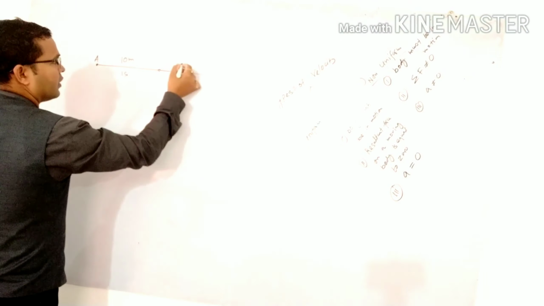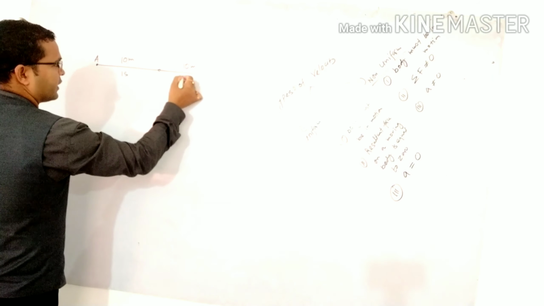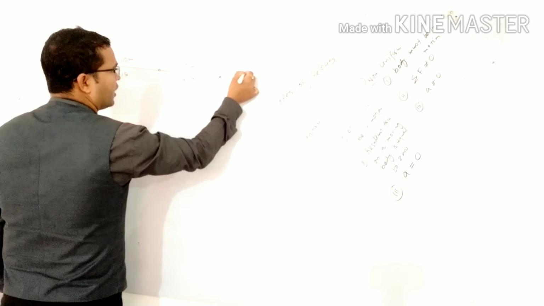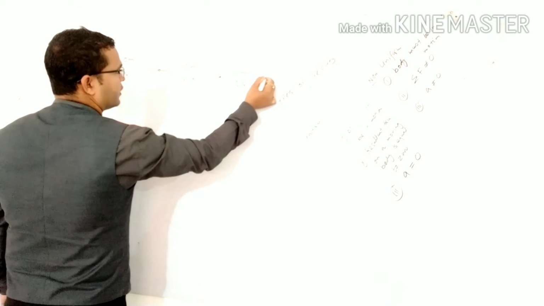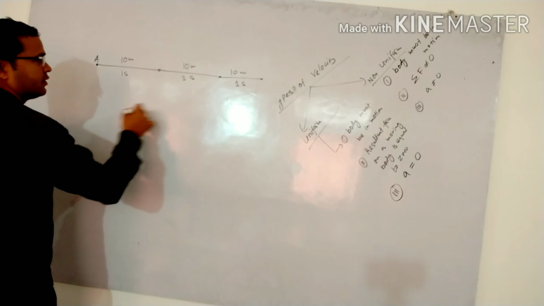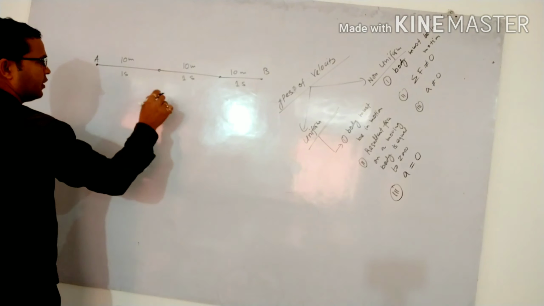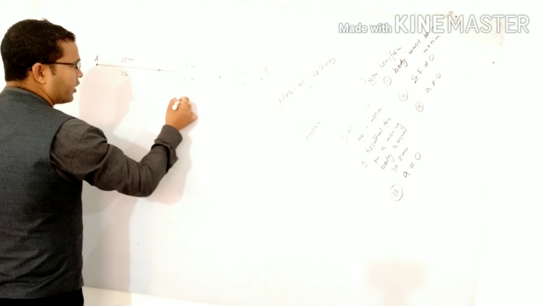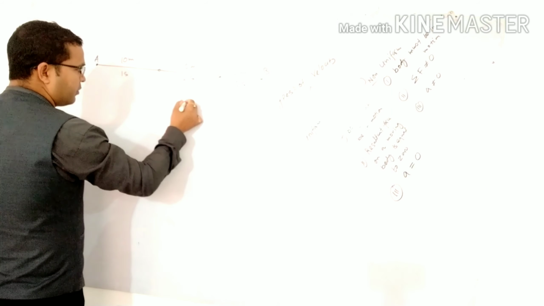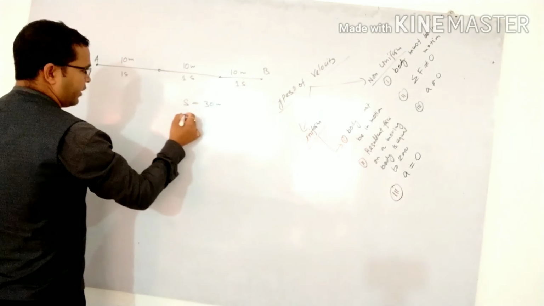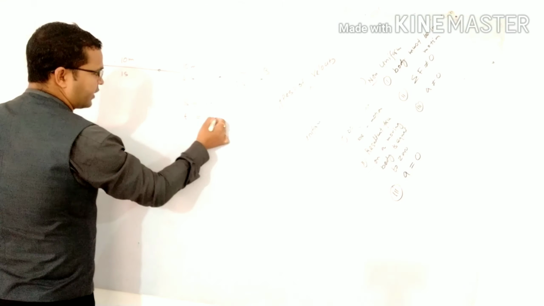Again it covers 10 meter in 1 second. Again it covers 10 meter in 1 second. So in this case, the body covers a complete displacement of 30 meter and it needs 3 seconds.